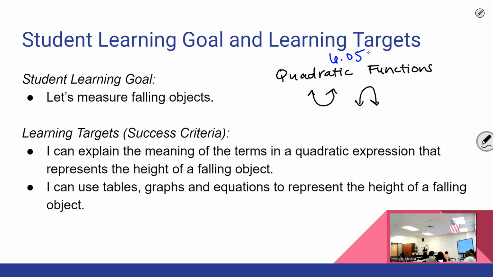Y equals x squared is our most basic quadratic you can have. That x squared makes the U shape. So if you have something higher than a square, like x cubed or x to the 4th, that's not a quadratic. It would have to be x squared is the highest exponent.